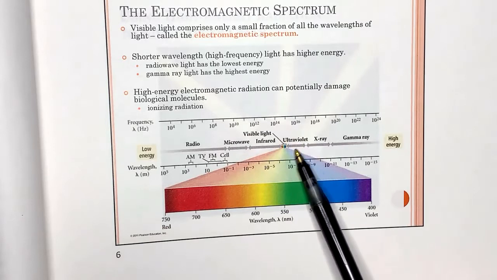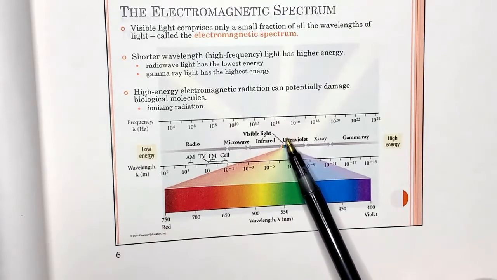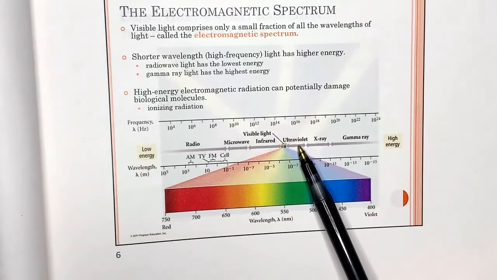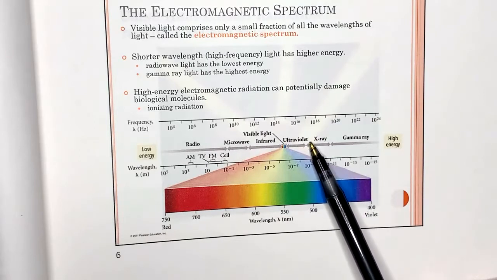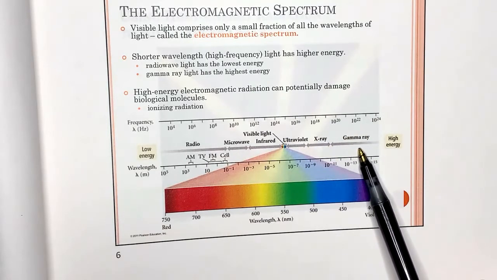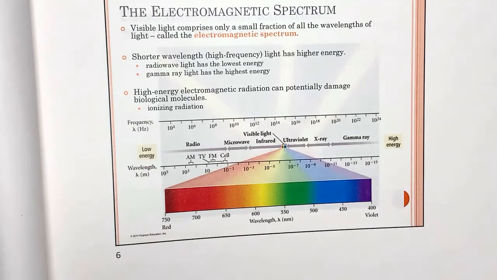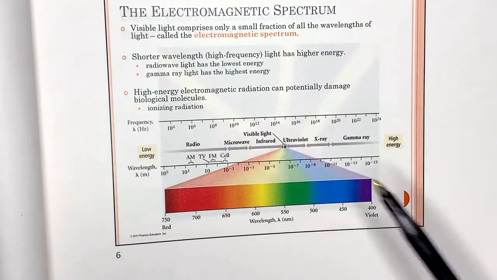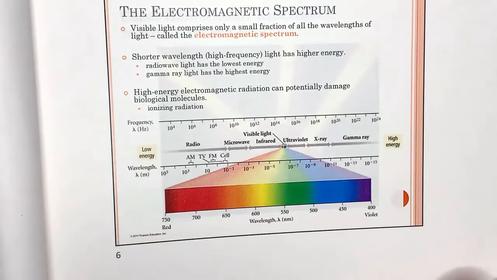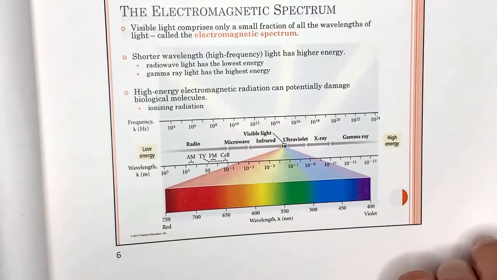UV rays are the ones that, if you stay out in the sun too much, can cause skin damage, sunburn. X-ray is higher energy and gamma ray is even higher. Gamma ray is the one people hear about with the Incredible Hulk, but that's fiction. This is real. So that's our electromagnetic spectrum.